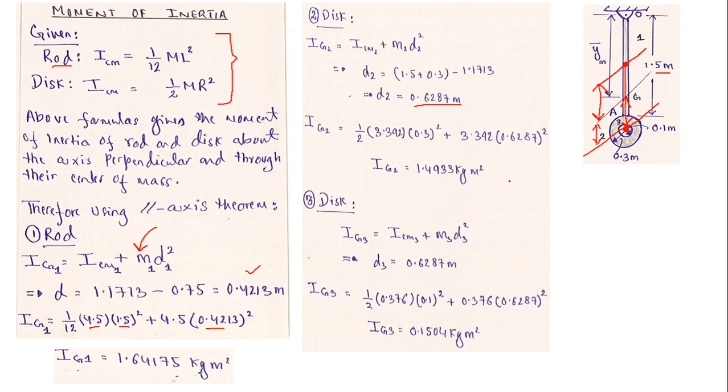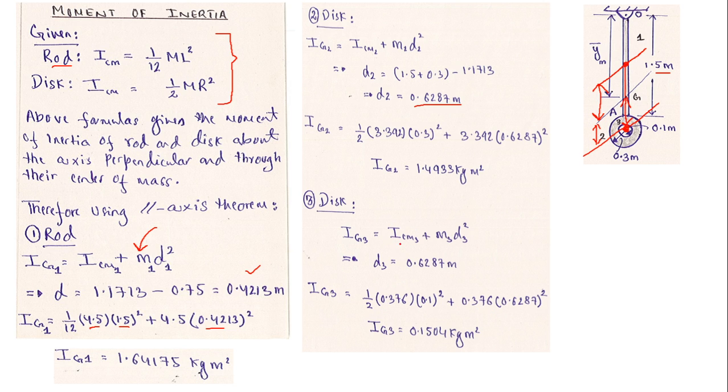So similarly, you are going to calculate the moment of inertia for this disk which is being subtracted, about this axis. Everything will remain the same, only the mass and radius will differ.